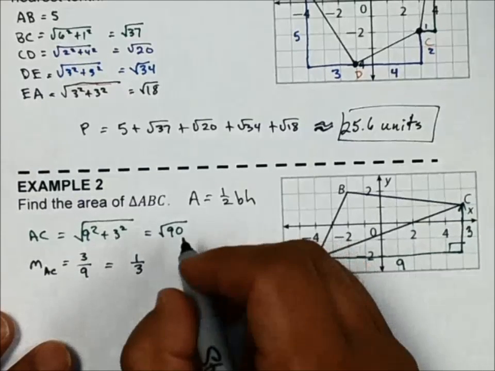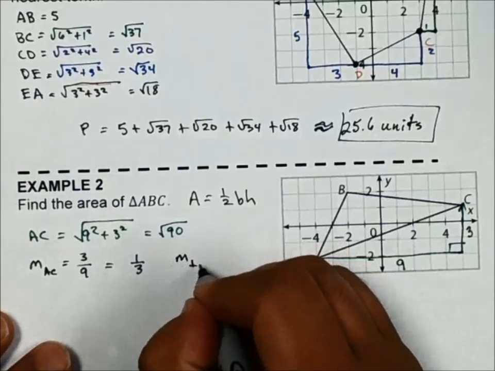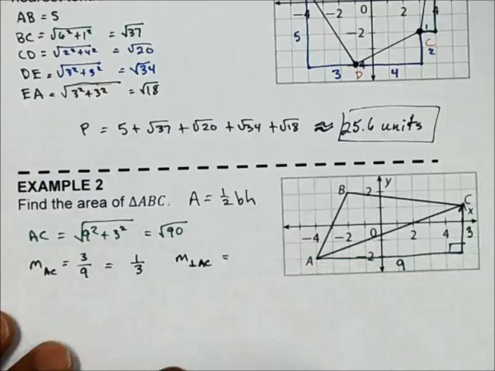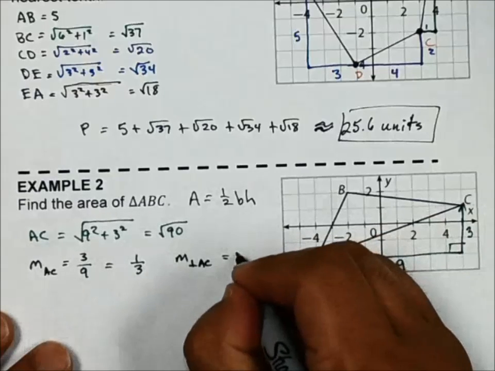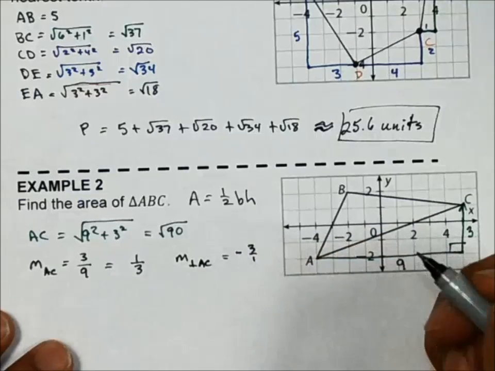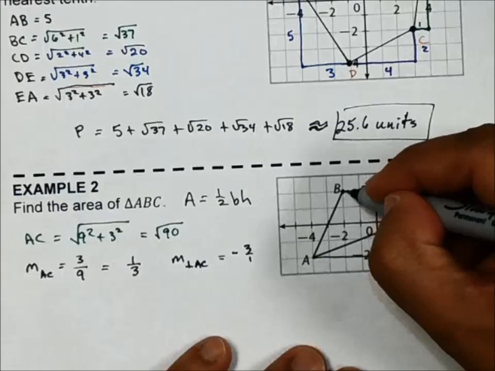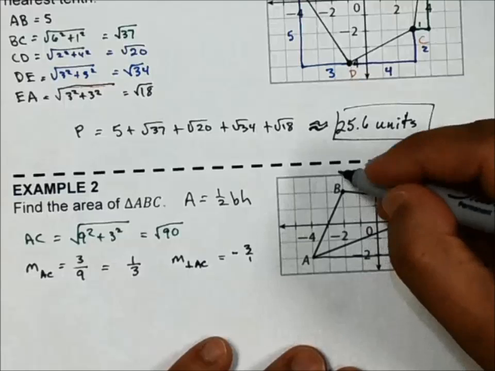Now remember that if I want the perpendicular slope of AC, I need the opposite reciprocal. So that's going to be a negative 3 over 1. Now I need that so that I can find the height from B to this line AC.